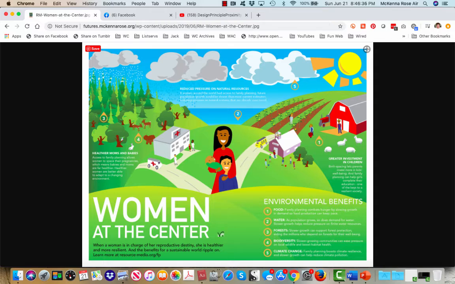So the benefits are environmental, etc. And so in order to represent that complex idea, this poster has put, or aligned, the family at the center in relation to this broader cluster of ideas.